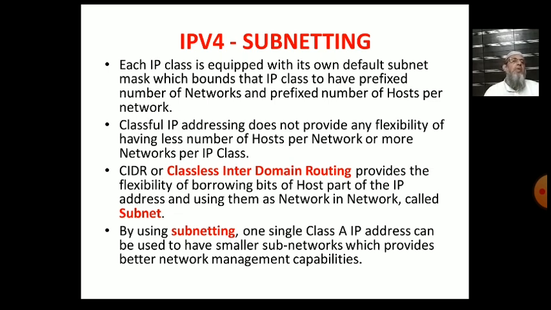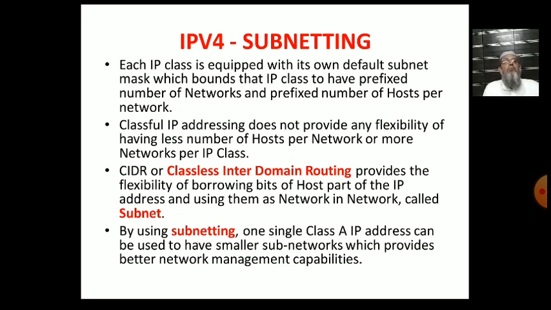The number of hosts in that network will not increase or decrease. That is fixed at the maximum values. If class C has 254 hosts in one network, then we can't use 300 machines in one network. And if class B has approximately 65,000 machines, then we can't use 80,000 machines in one particular class B network. So that is fixed if you are using classful IP addresses.